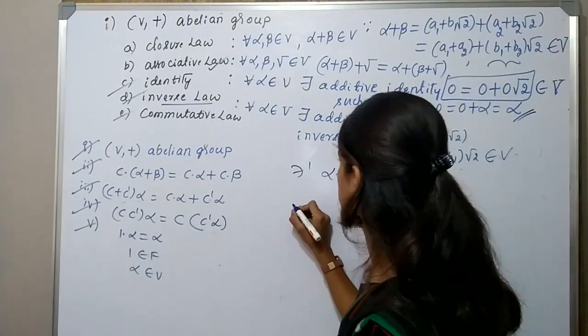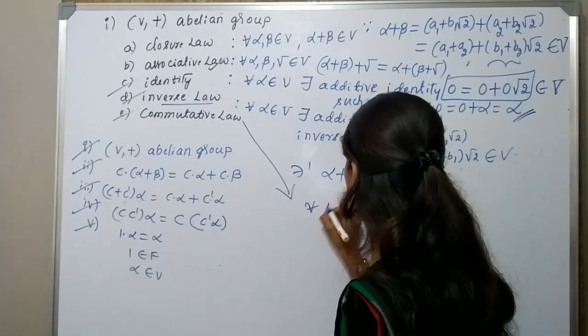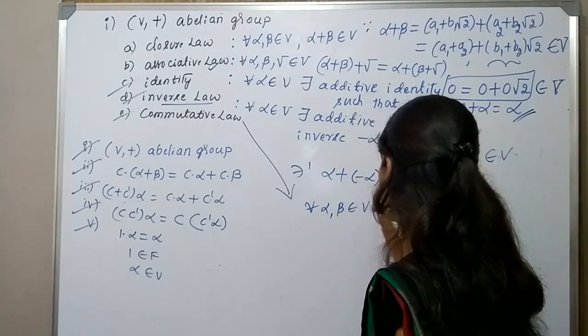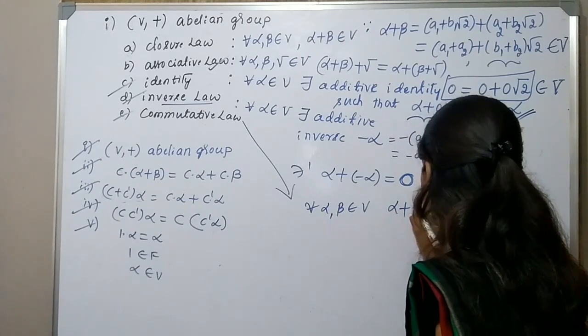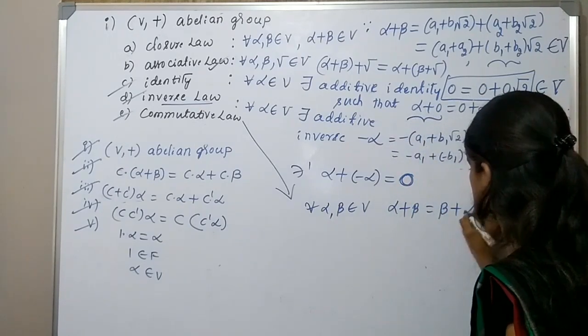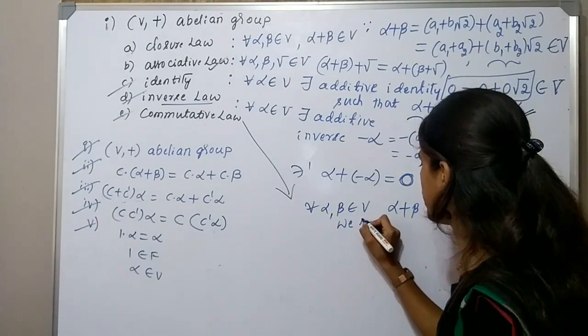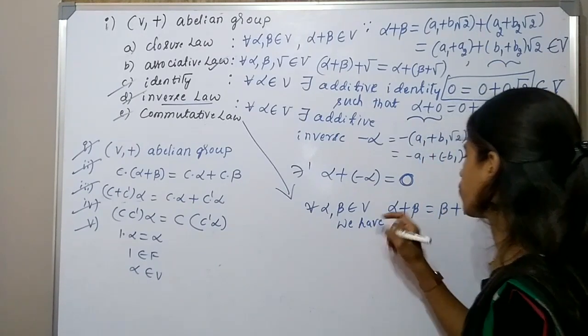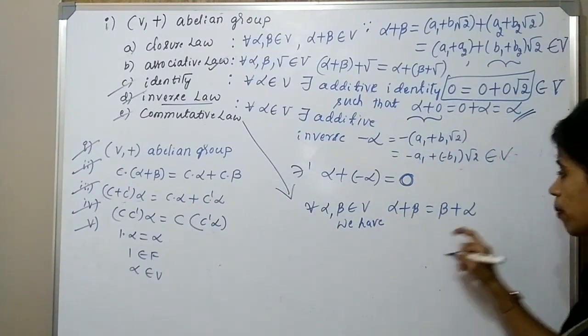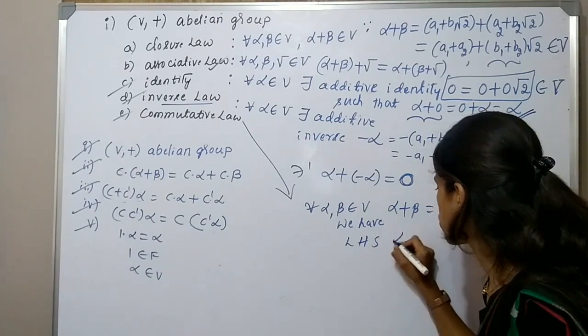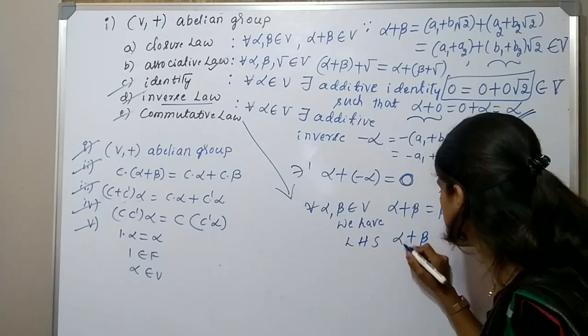What does the commutative law say? For all alpha, beta belongs to B, alpha plus beta is equal to beta plus alpha. Consider LHS. So LHS is alpha plus beta.